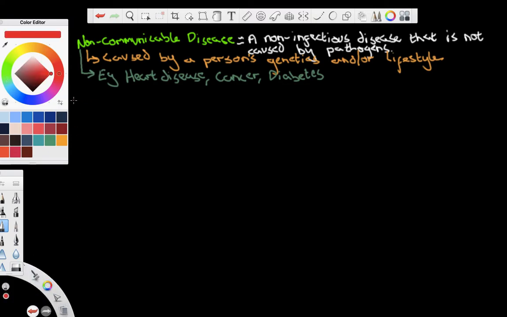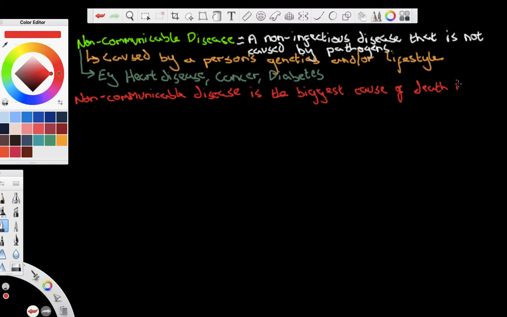So I'm going to write in red that non-communicable disease is the biggest cause of death in developed countries. Okay?